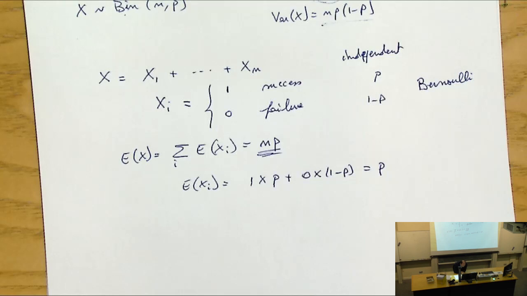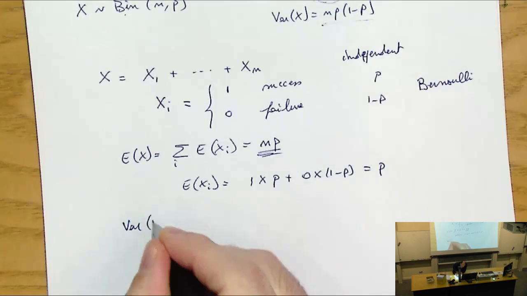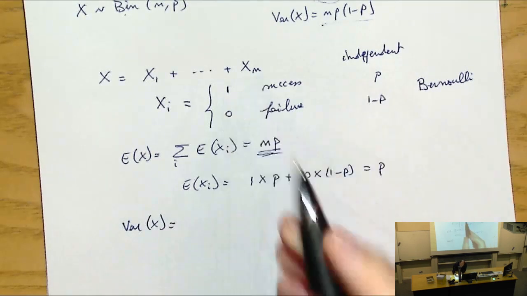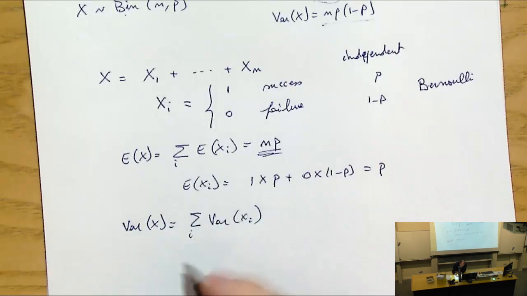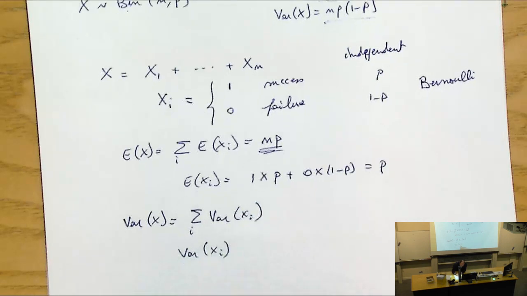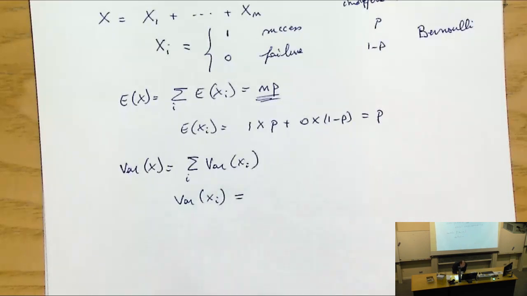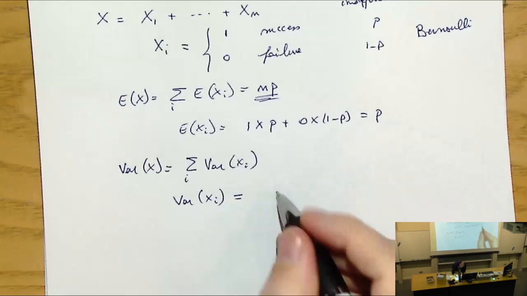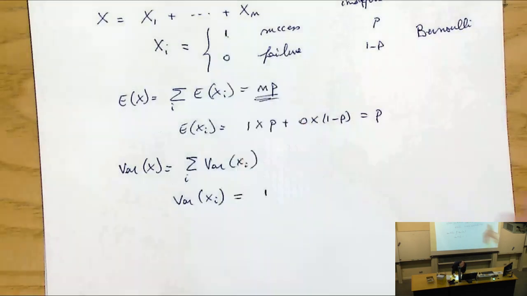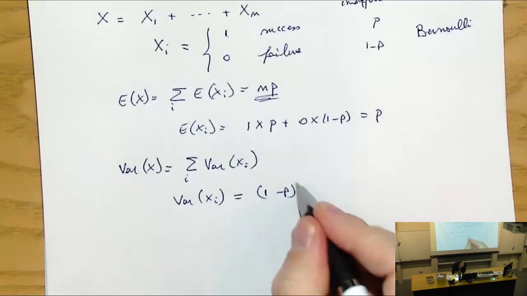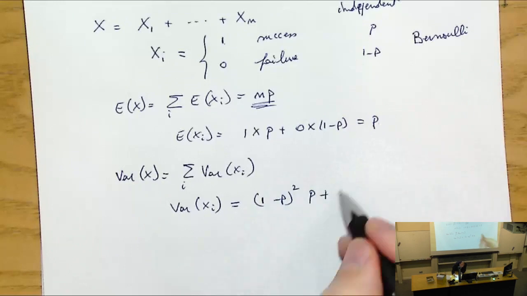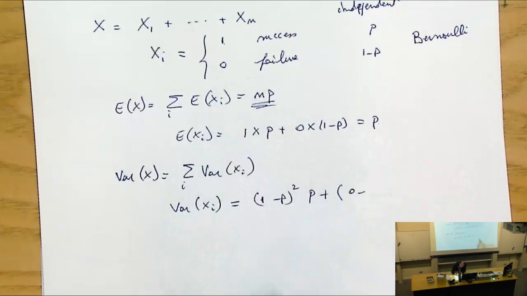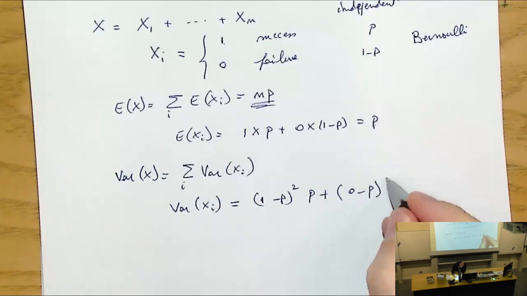What about the variance? Well, it is the same thing. The variance of X, they're all independent, so that's going to be the sum over i of the variance of Xi. And so what we need to calculate is the variance of Xi. So what is the variance of Xi? I'm going to have 1 minus its mean, squared, multiplied by the probability of success, plus 0 minus its mean, squared, multiplied by the probability of failure.